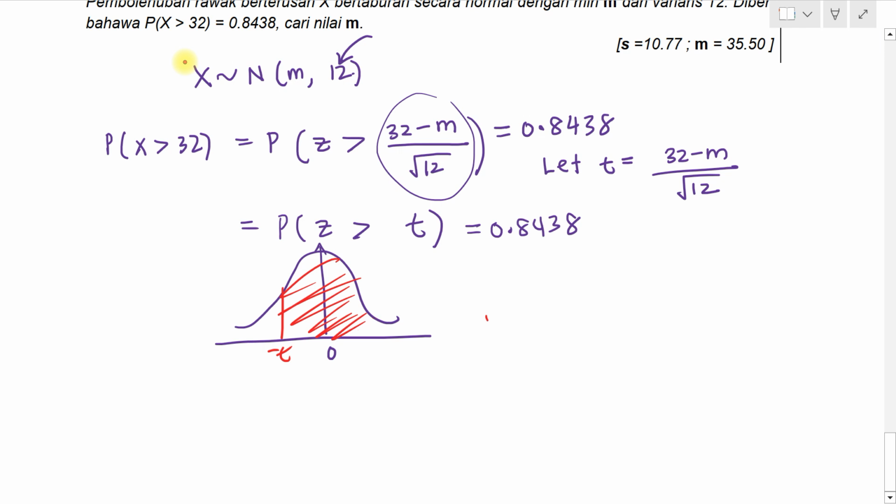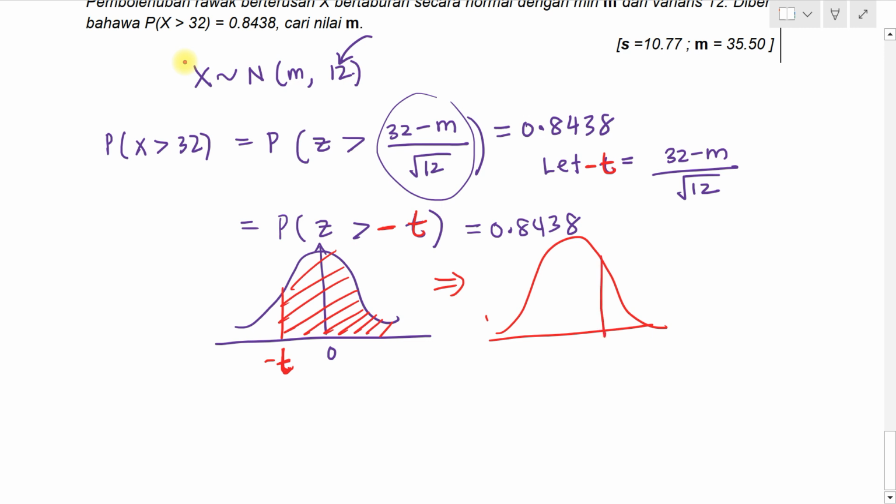Right or not? So I know it is negative T here. So remember, now we have changed to negative T. Here, let negative T. Put it there. Shade properly. So you all know how to do this, right? If you don't know, just reflect the graph. It becomes positive T. You can only read this part.